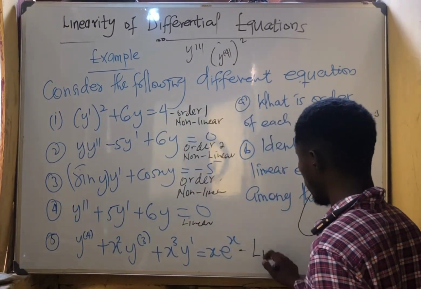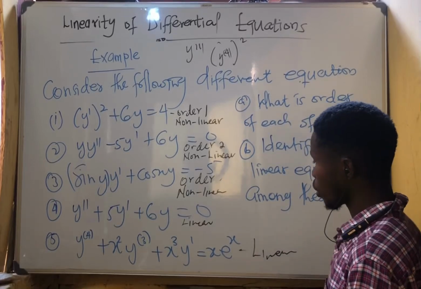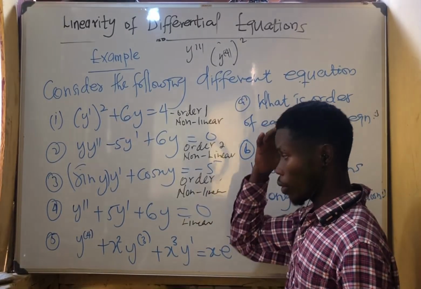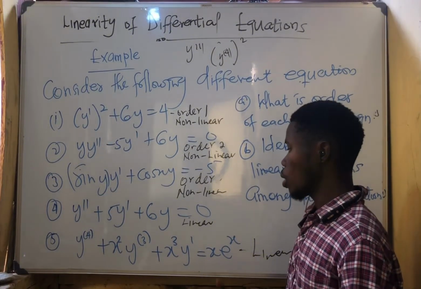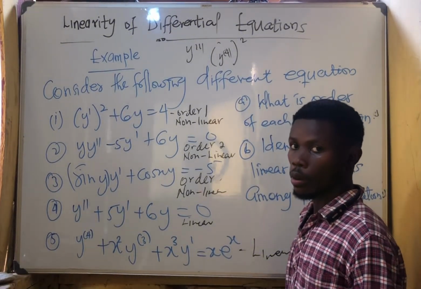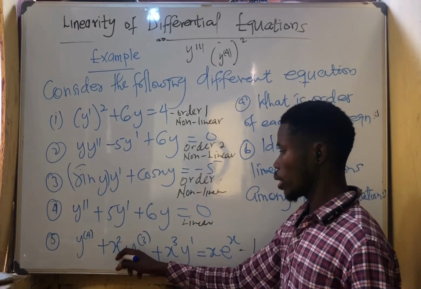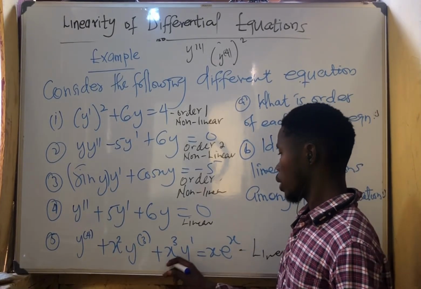Why is it linear? Because none of them has a transcendental function, and there's no multiplication of the dependent variable by any derivative. You realize that this is the independent variable.